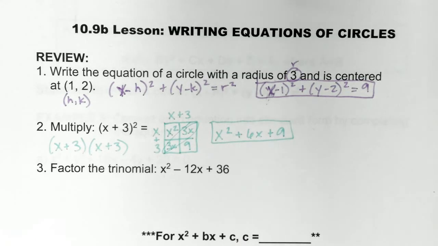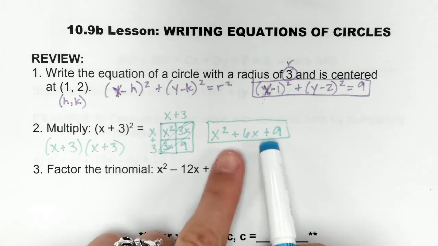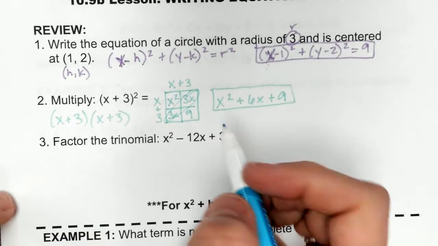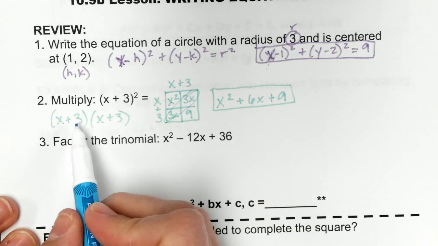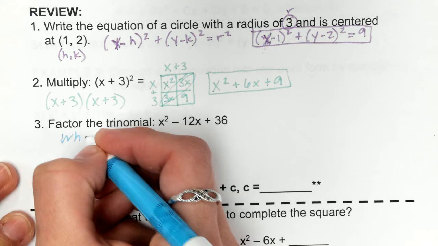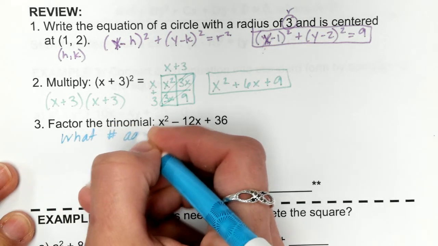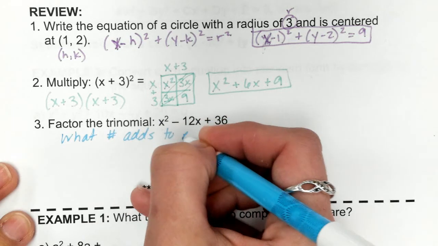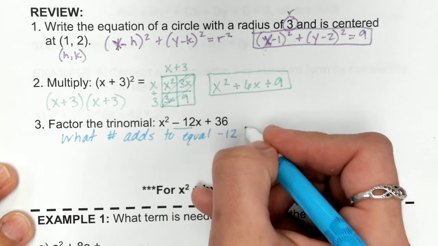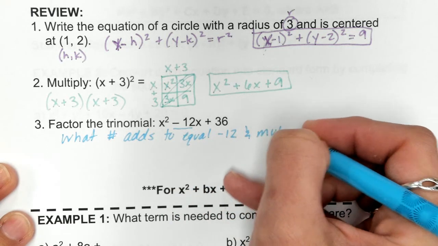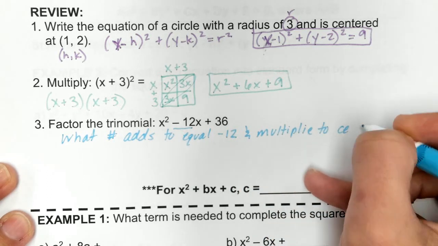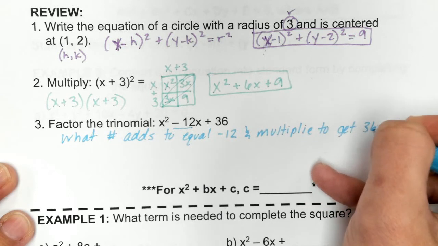Now, when we do our trinomial factoring, going the other direction, taking this and going the other direction to come up with this, we need to remember to figure out what we're adding, like this plus 3 and plus 3. The way we need to do this is we ask ourselves, what number adds to equal negative 12 right here, and the same number multiplies to get 36.